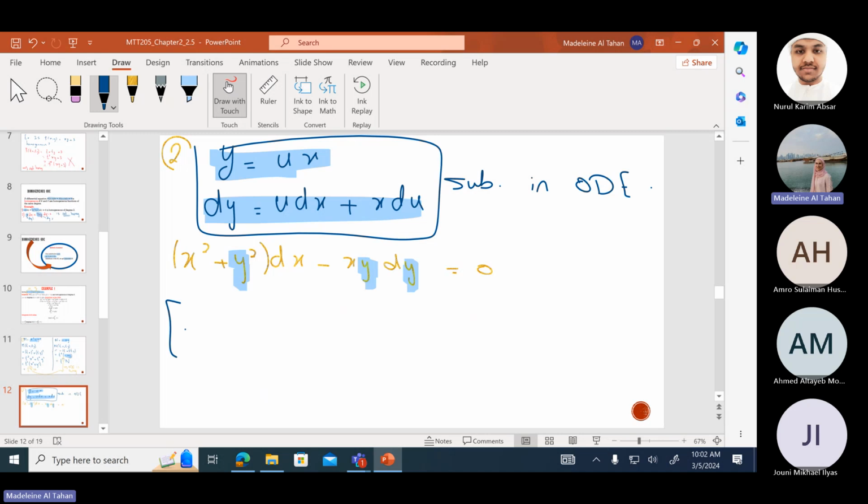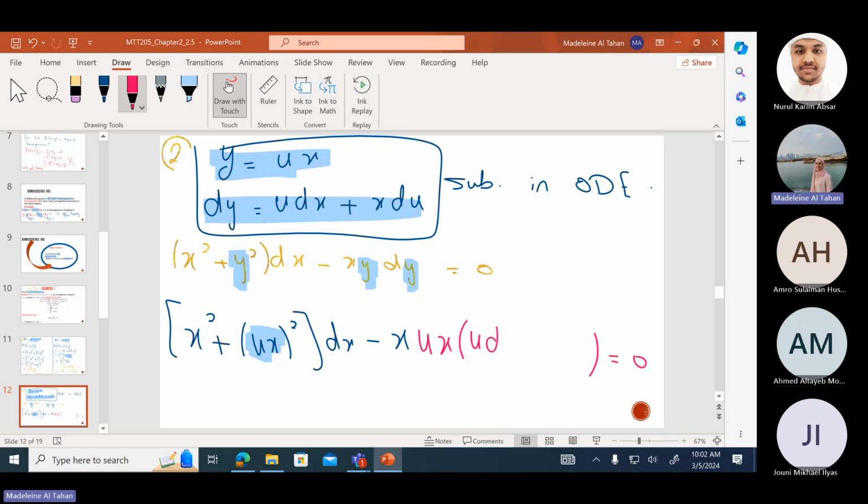So x squared plus y squared, we are putting ux, right? Then minus x, instead of y, what should we put? Ux. And instead of dy, what should we put? U dx plus x du.